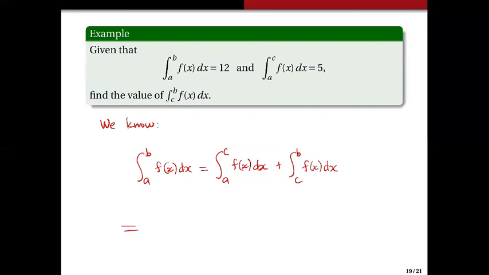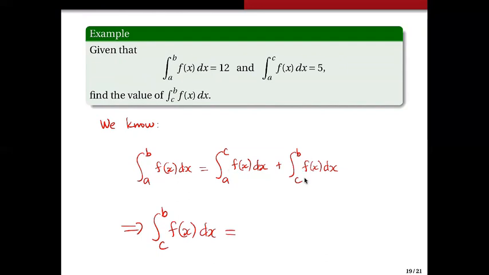This means that the integral from c to b of f of x dx, we bring this to the other side of the equation, so you will get minus. This guy remains on his side of the equation.